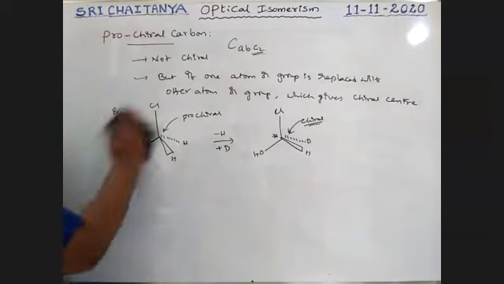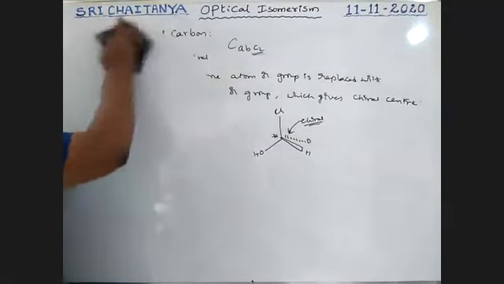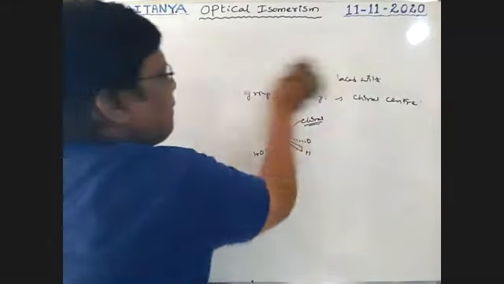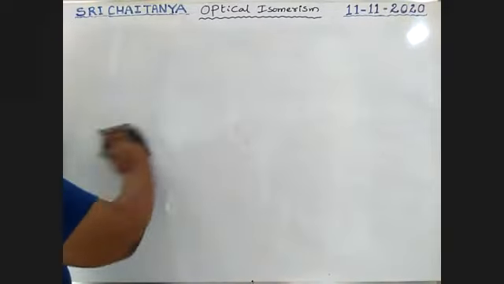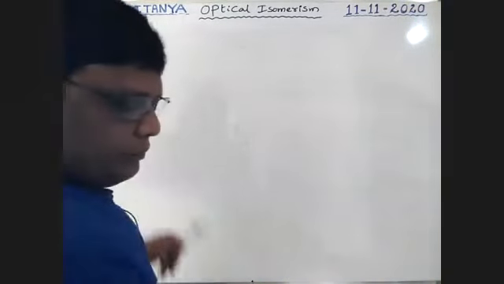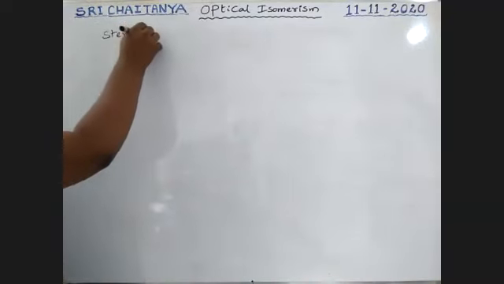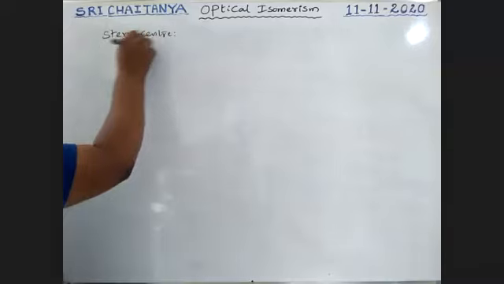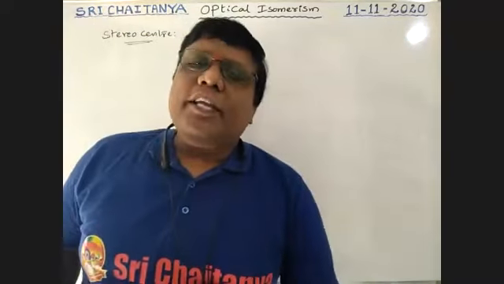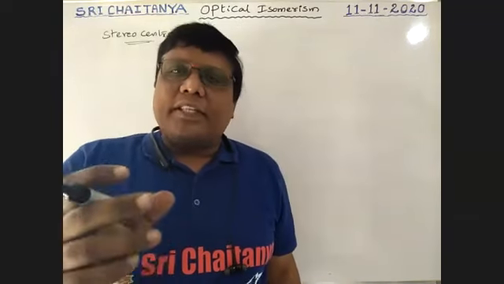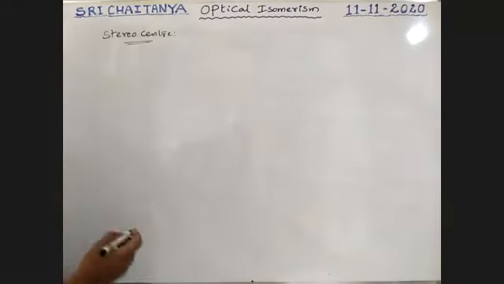Stereocenter. All these are literature to explain optical activity, boys. What is a stereocenter? It is the region in the molecule which explains stereoisomerism.